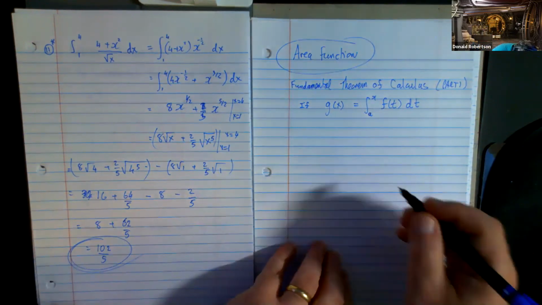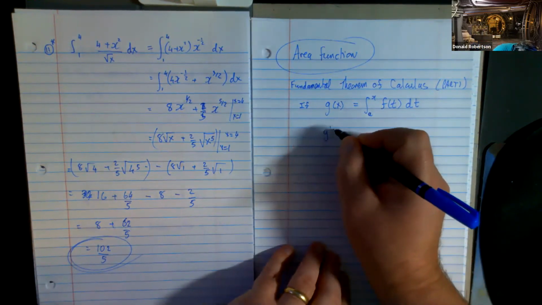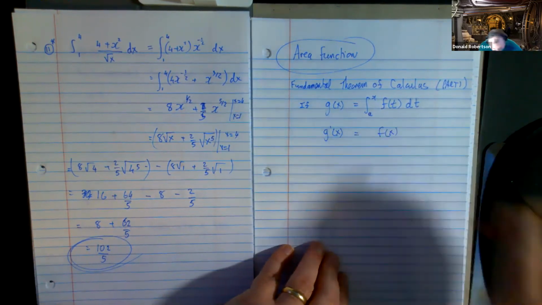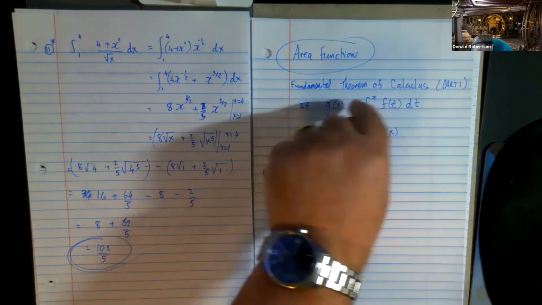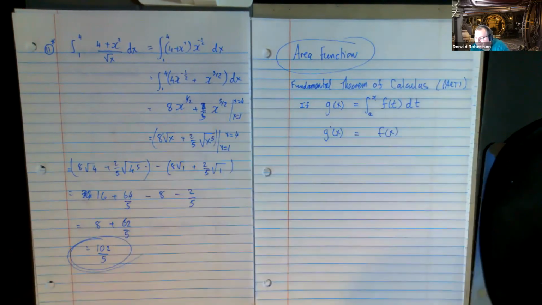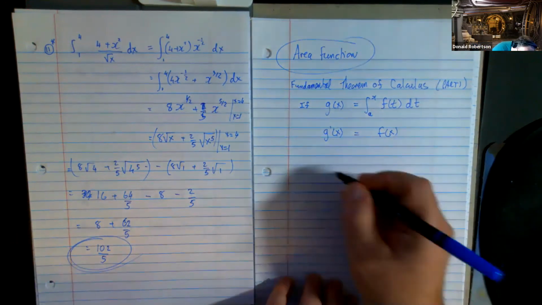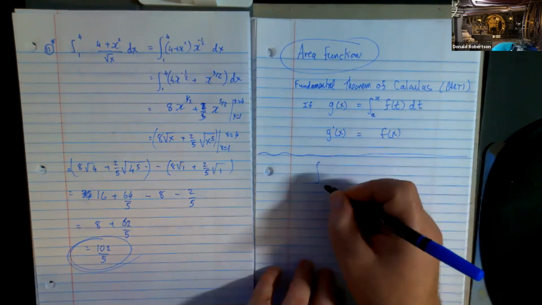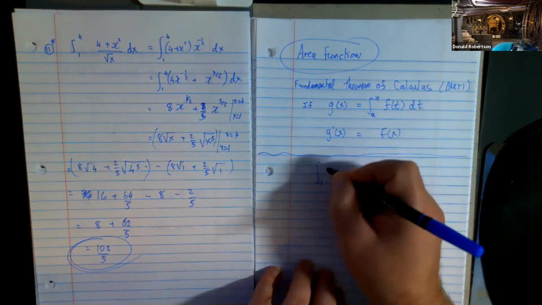The fundamental theorem of calculus says this: that the derivative of the area function is the function. Let's show what that looks like in questions that you're likely to see. There are more complicated versions, but that's the one we're doing.